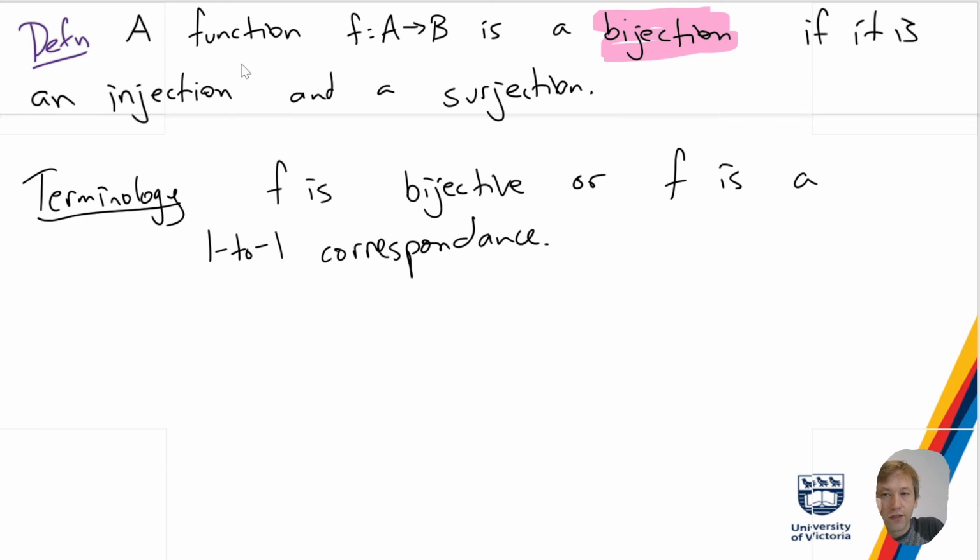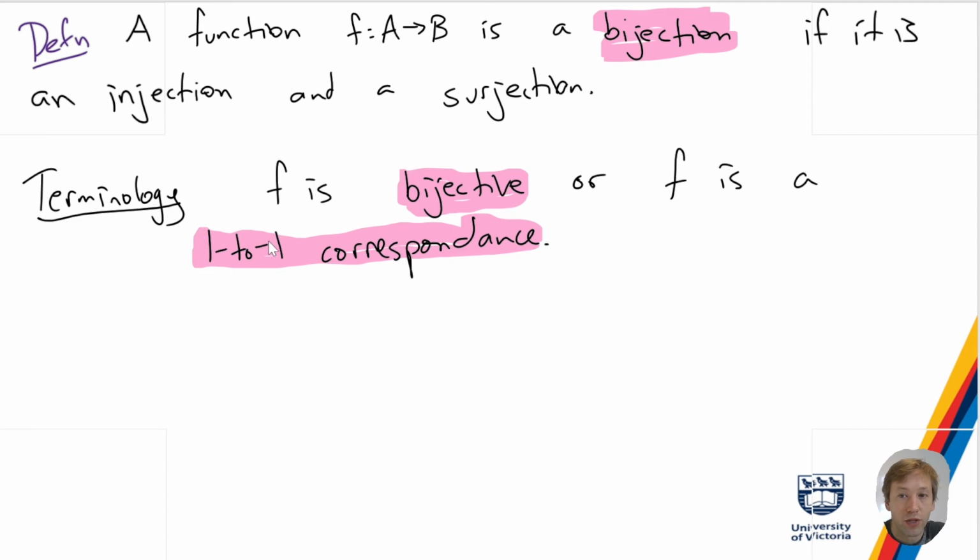I don't love this terminology because it sounds so similar to being one-to-one. Remember, a function is one-to-one if it's injective, but it's a one-to-one correspondence if it's bijective. One-to-one correspondence means you're injective and surjective, but just saying it's one-to-one just means injective.